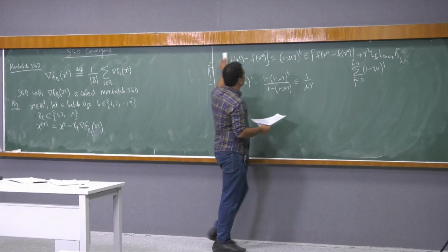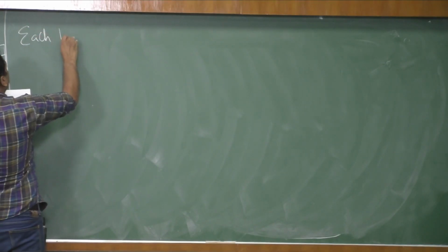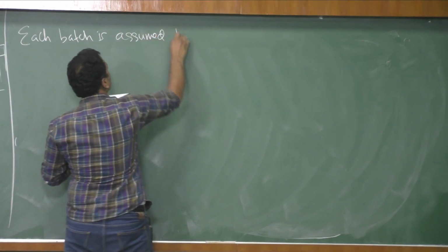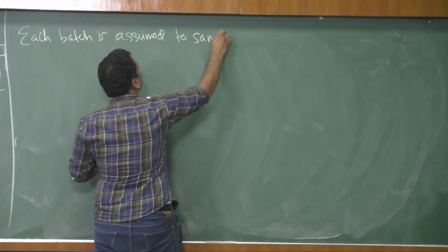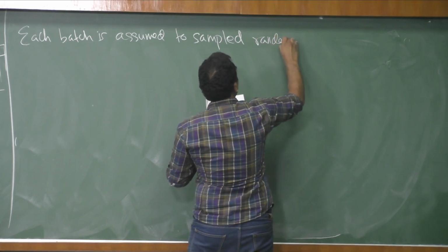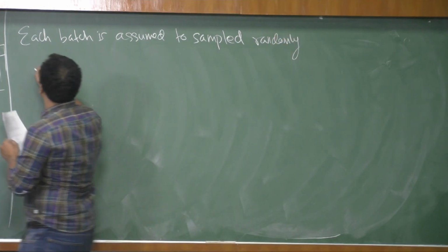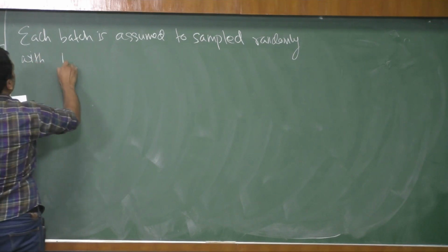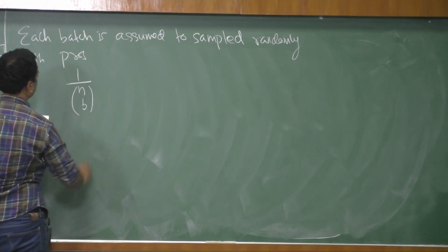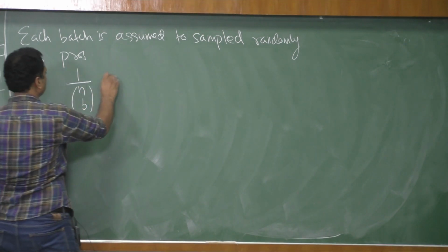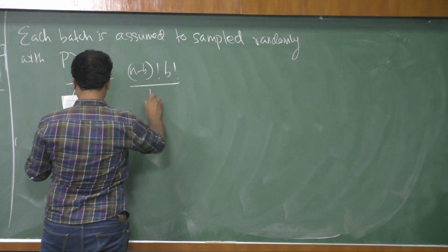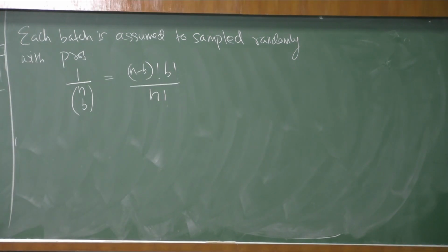Okay, so the batch is assumed to be sampled randomly with probability 1 by n choose b. Okay, so we can also write this in the form of b factorial (n minus b) factorial by n factorial.